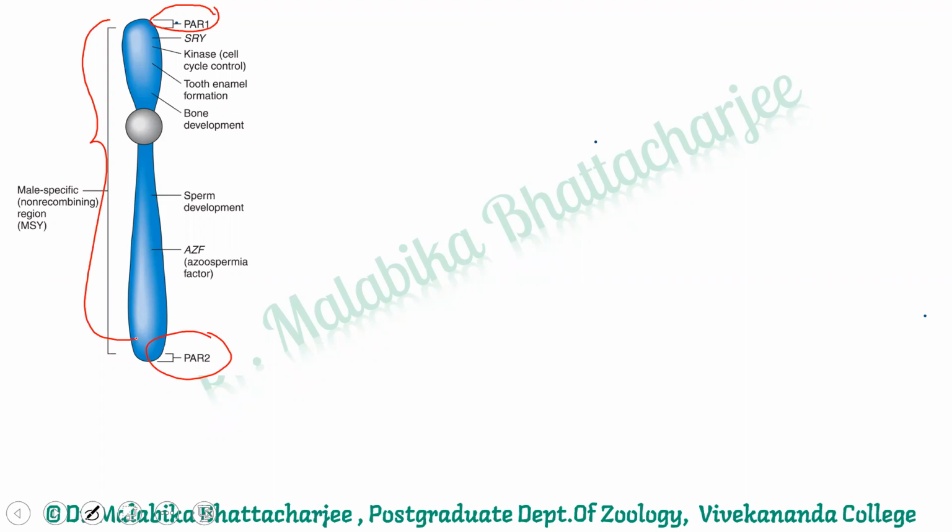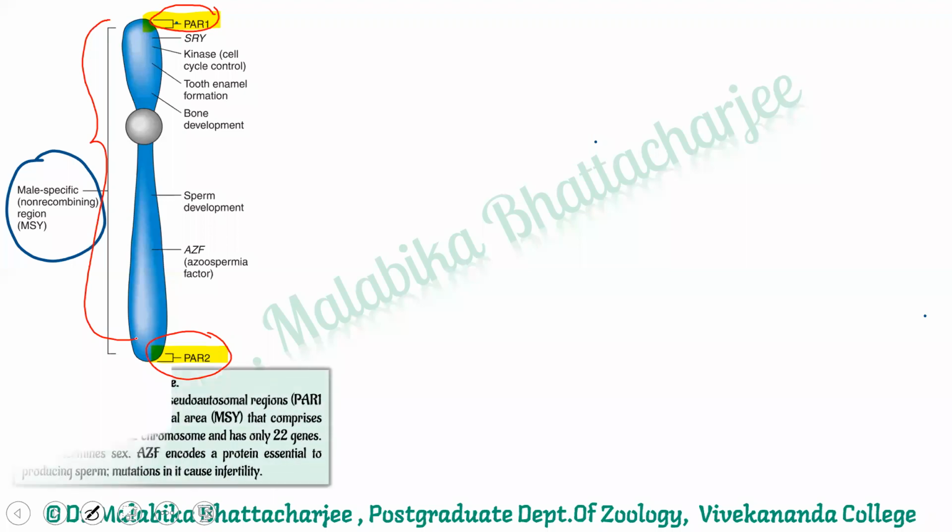So at the two extreme ends we have the pseudo-autosomal regions, and the majority of the Y chromosome is the male specific non-recombining region of the Y.